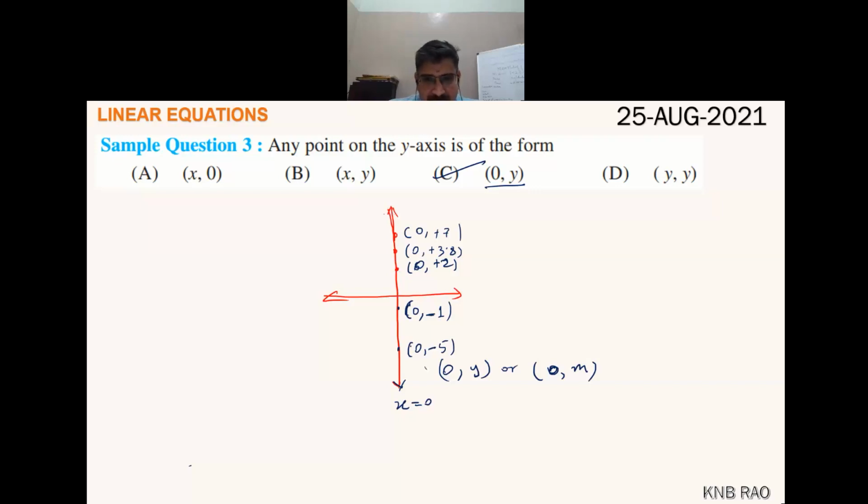If it lies below the origin on the y-axis, it will be 0 comma a negative number. So the generalized form of any point lying on the y-axis will be 0 comma y, or 0 comma m, any number. Tell me Piyush, any other doubt? Did you understand? Yes sir. Yeah, it is 0 comma negative number, I said.